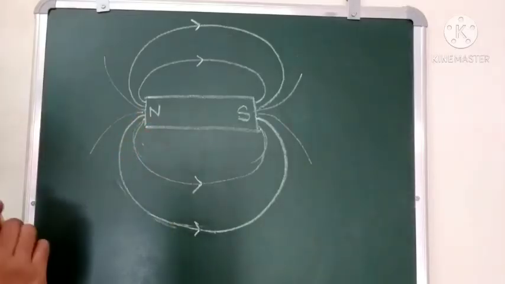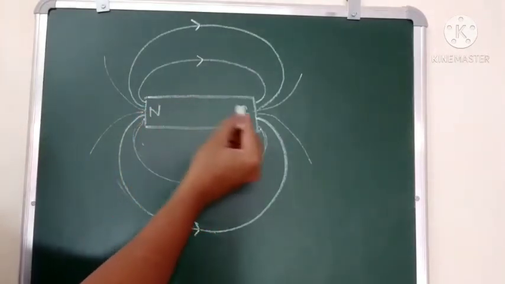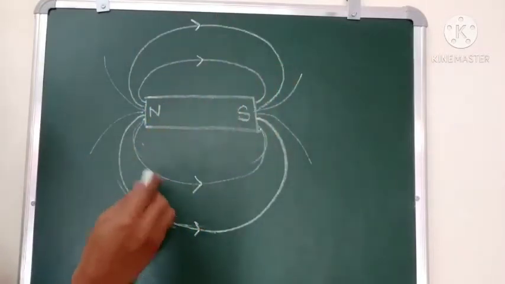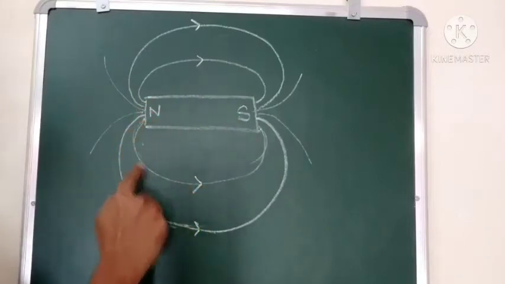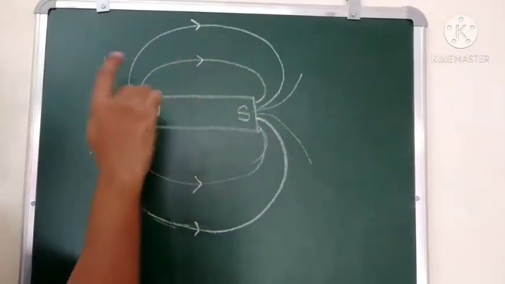Now let us talk about the magnetic field and the magnetic field lines. Here we see a bar magnet. In this magnet, this is the north pole and here is the south pole, and these lines are called the magnetic field lines. What are these magnetic field lines? They give a representation of the magnetic field.